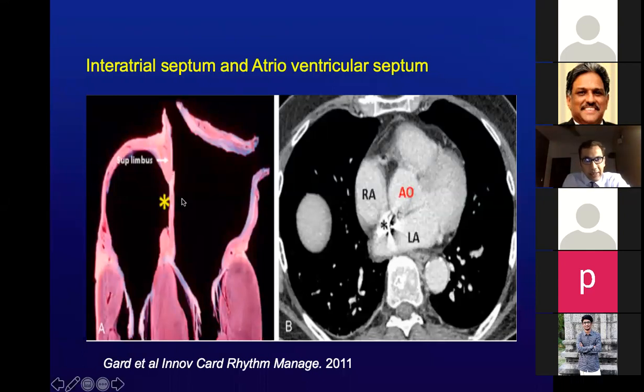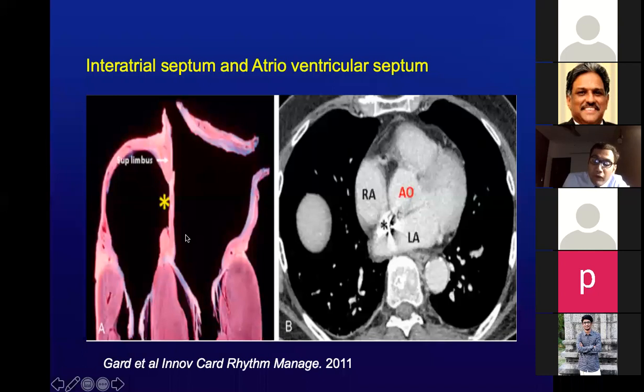And I want you to concentrate upon the mitral valve and the tricuspid valve. Look at the offset between these two. The mitral valve is higher, the tricuspid valve is lower. Both are not on the same level.